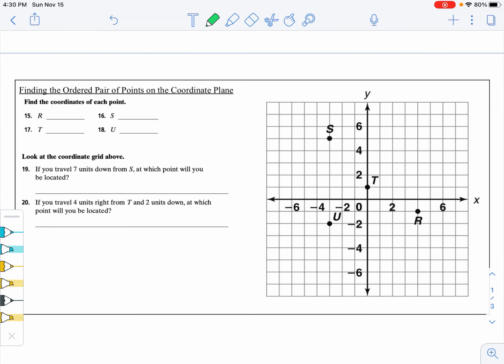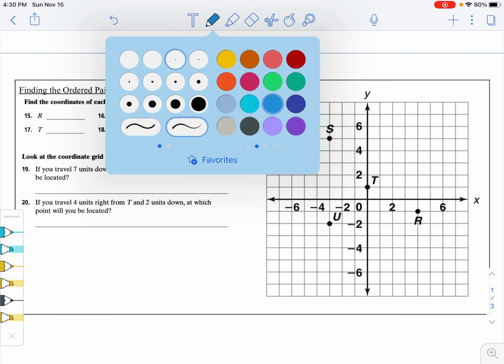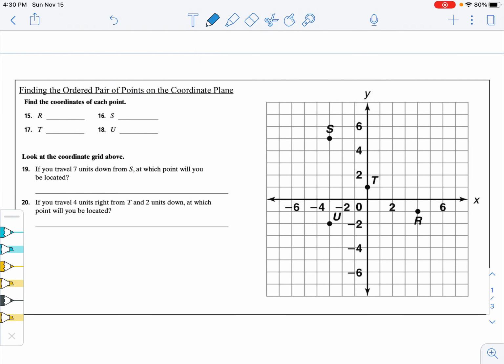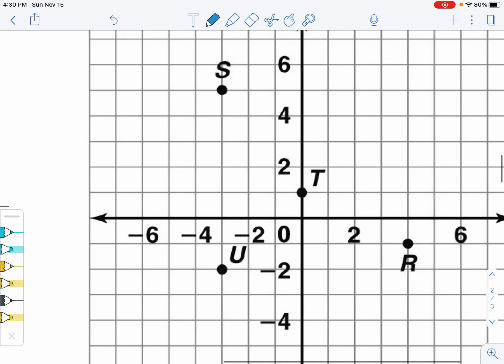Now the last one we're going to do together is where we have to write the coordinate of something that is already on the graph. So let's take S, for example. Find the coordinate of S. Well, we start at our origin, and we know S is going to the left. So our x coordinate for S is to the left.